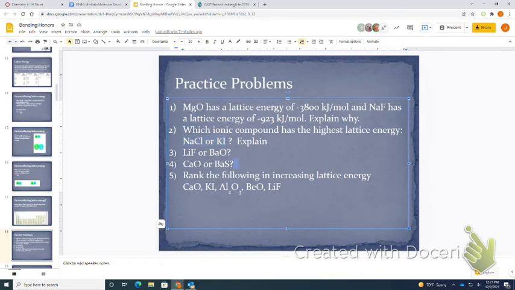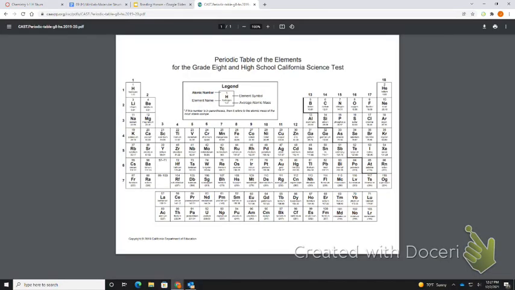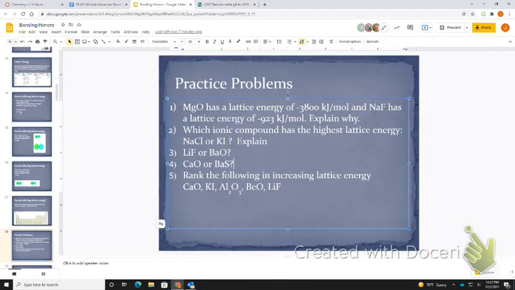CaO and BaS. So CaO is +2, -2. BaS is +2, -2. Oops, so we've got to check size. Let me go back real quick. Sorry.